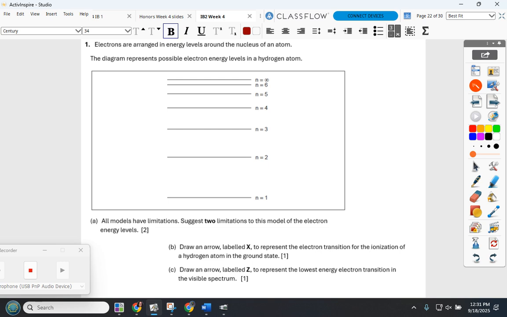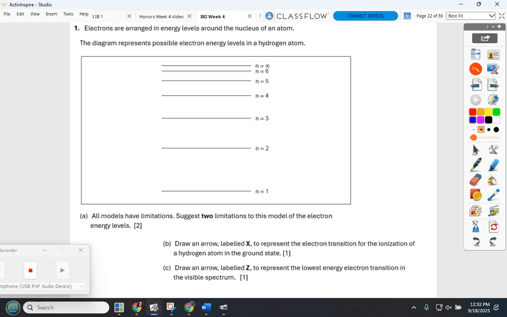So looking at this diagram of energy levels, this model of electron energy levels, what are some limitations to this that you guys came up with? Jocelyn. You don't know the exact energy. Okay, what else? Yeah, January.